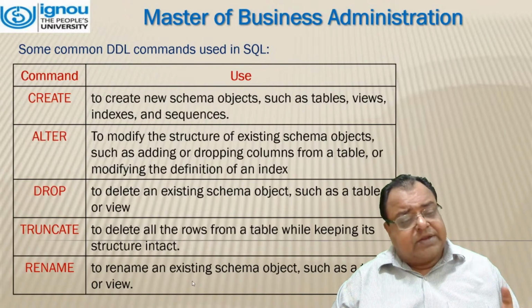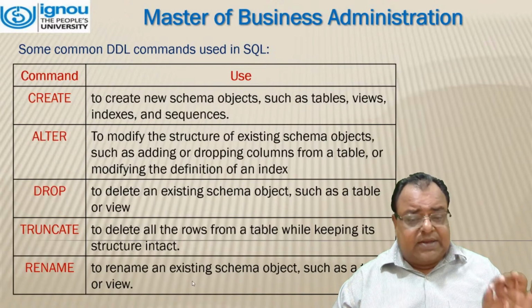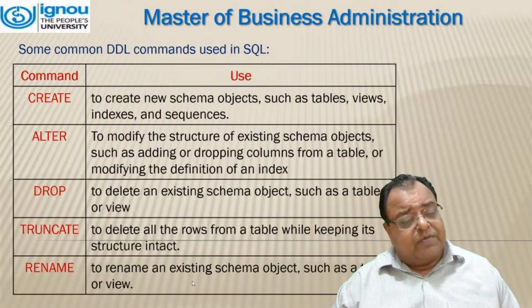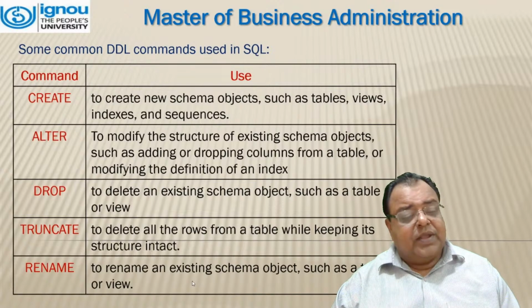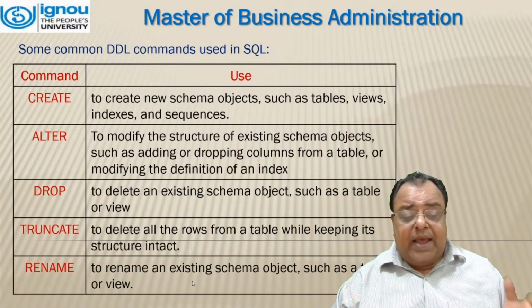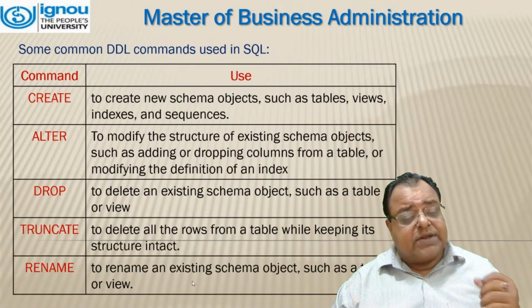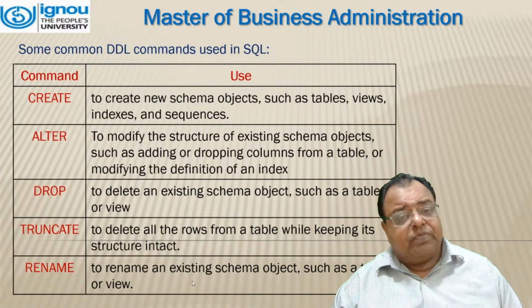Drop is to delete an existing schema object, such as a table or view. Truncate is to delete all the rows from a table while keeping its structure intact. Rename is to rename an existing schema object such as a table or a view.